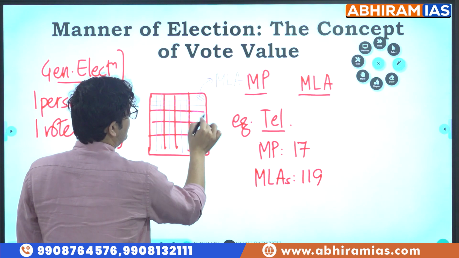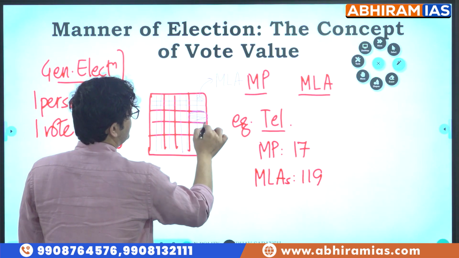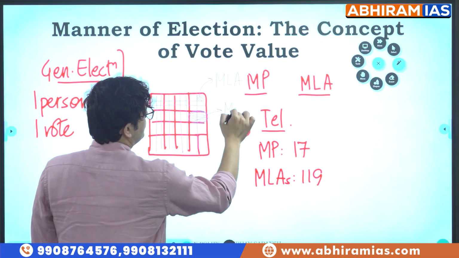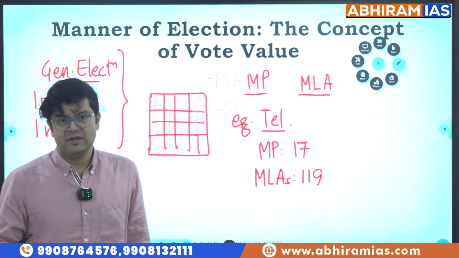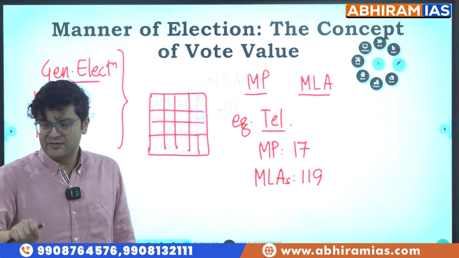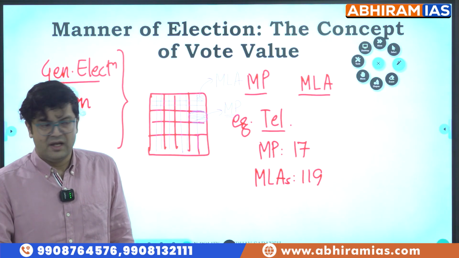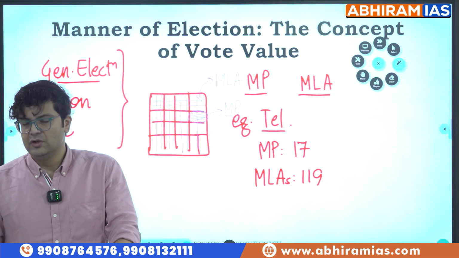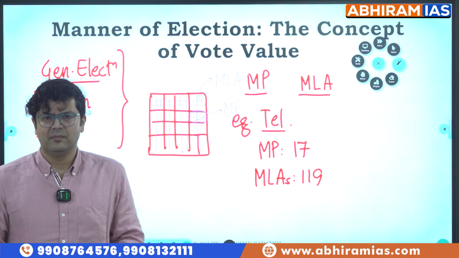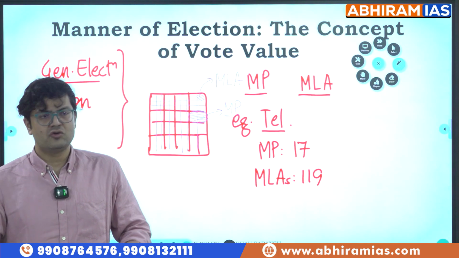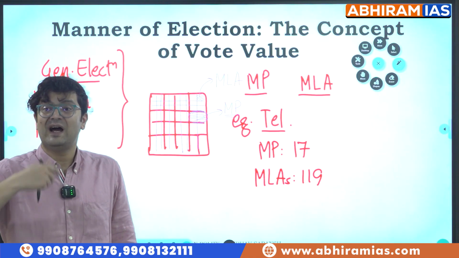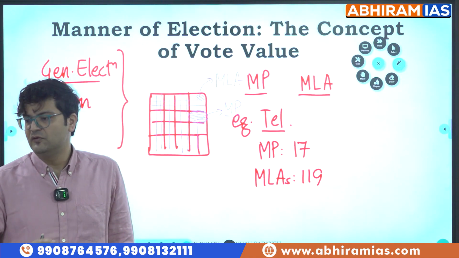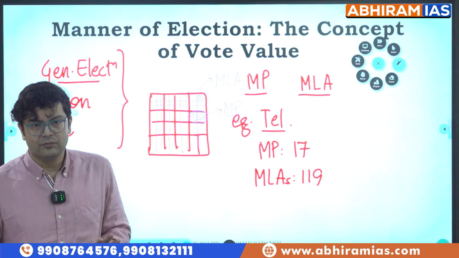And all the people of this entire area are voting to choose an MP. Who is representing more people? MP. So when an MP goes and casts a vote in the election of president, and when an MLA goes and casts a vote, should their vote value be the same? Of course not. MP has more importance, so his vote value should be higher than that of an MLA's vote value. Is this point clear to you?